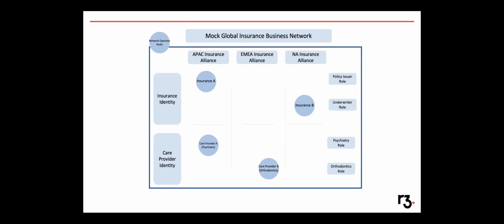You can code within the flow that nobody else can trigger this flow, even though they have the Corda app. Only the insurance company with the policy issuer role, with policy issuance permission, can issue an insurance policy. That's basically the problem we try to mitigate with the business network SDK.